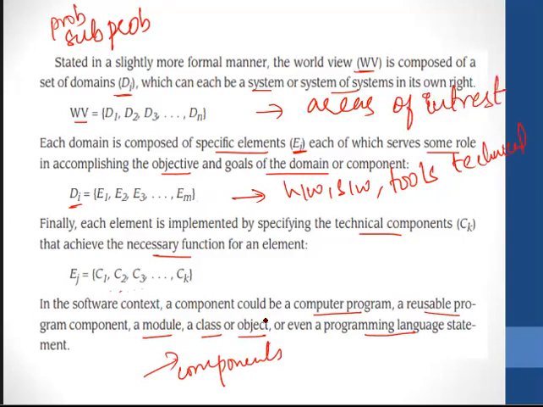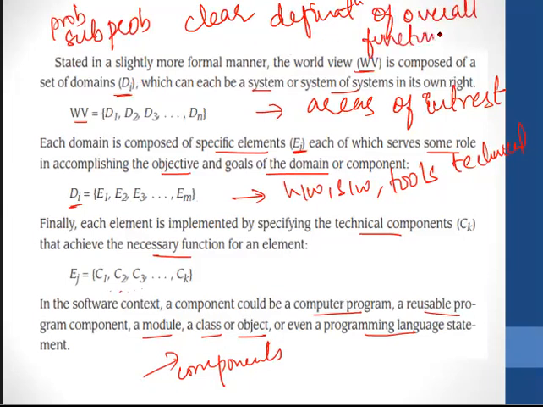So this worldview portrays a clear definition of the overall functionalities that will enable the engineer to understand the domain and ultimately the system or product within the proper context. So this is what the worldview is going to give you.